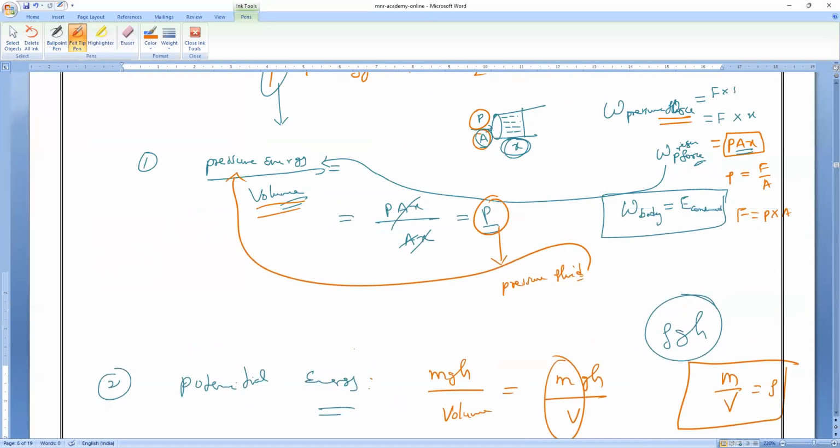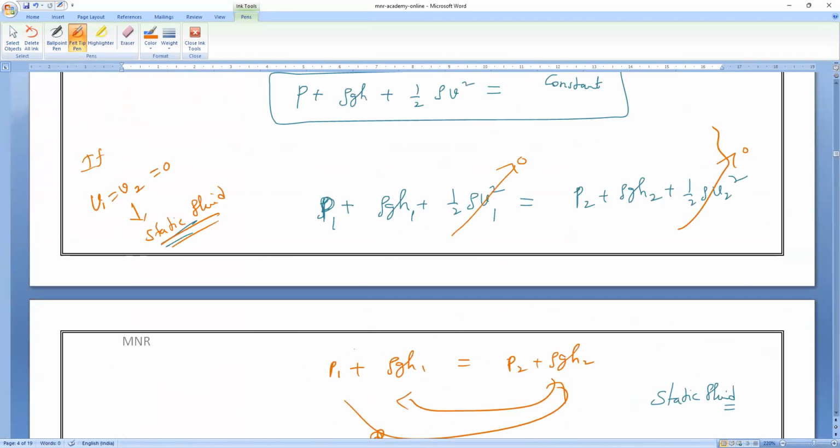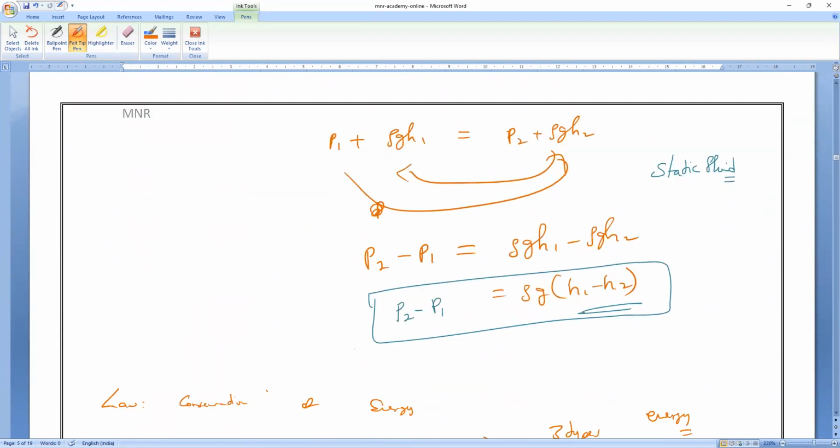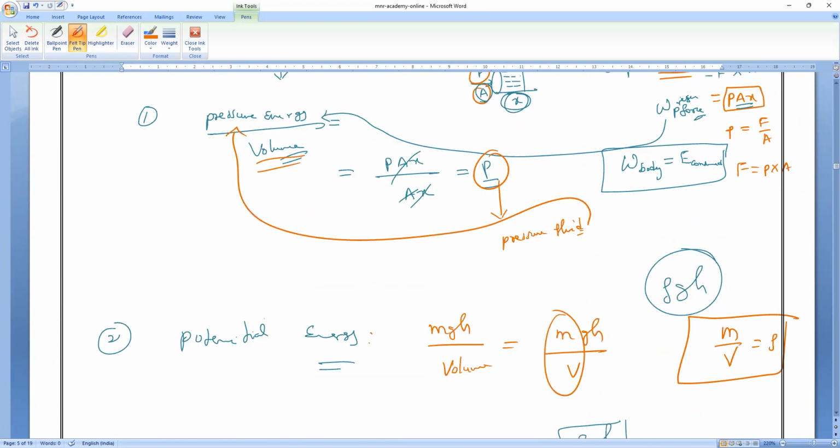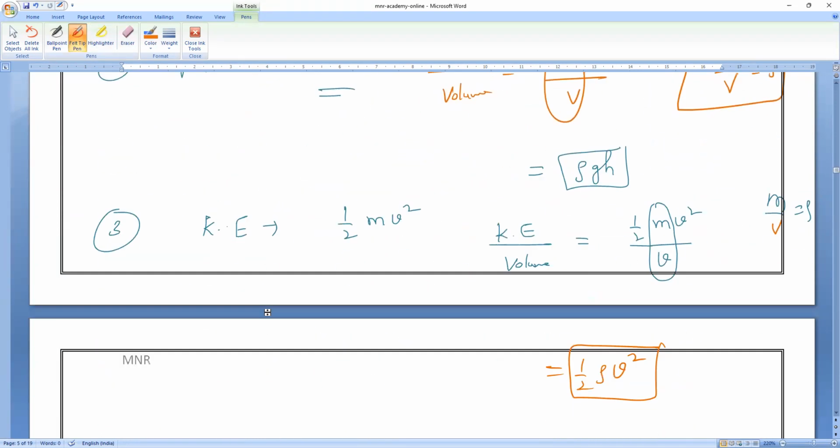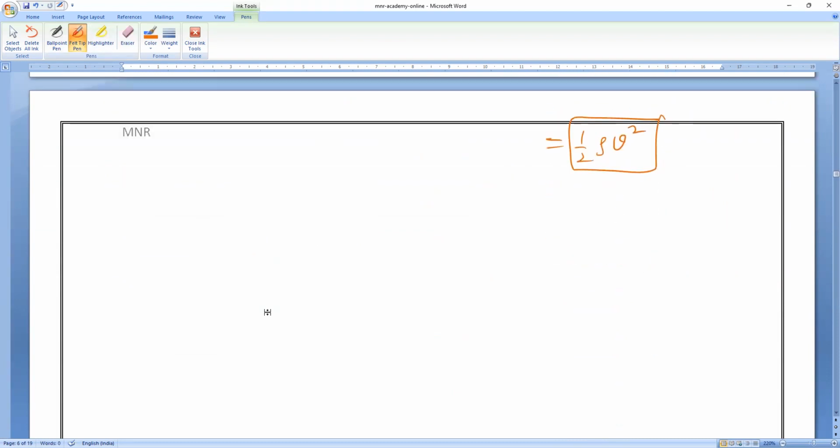So in every moving fluid we have three terms. The first is pressure energy, the second is potential energy, and the third is kinetic energy. Understand, everybody?